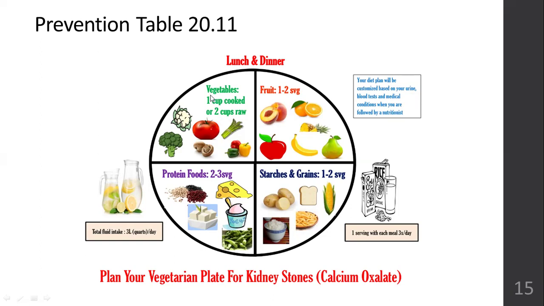If you're diagnosed with phosphate stones, whole cereals, whole wheat, bran, legumes, nuts, seeds, banana, carrot, meat, fish, egg, all the milk products, again organ meat, soft drinks have to be avoided.